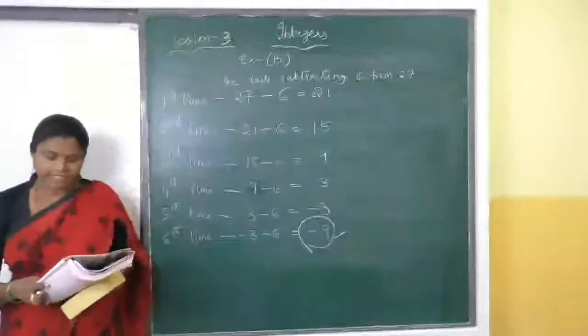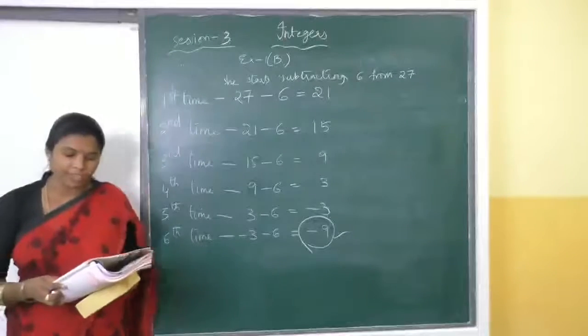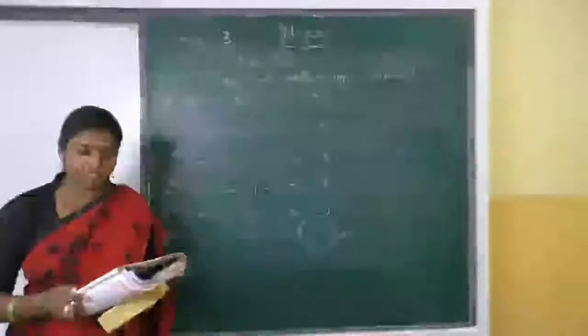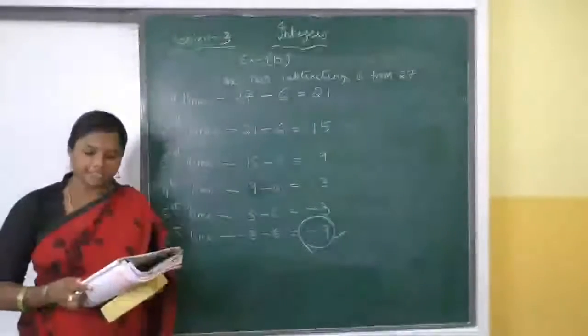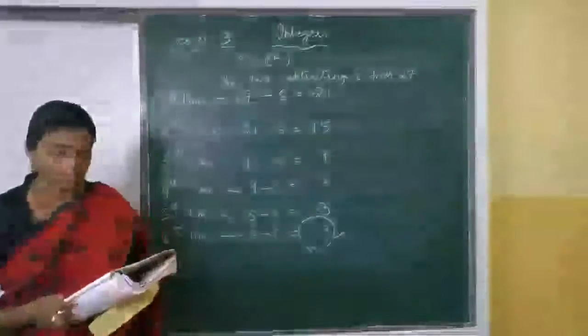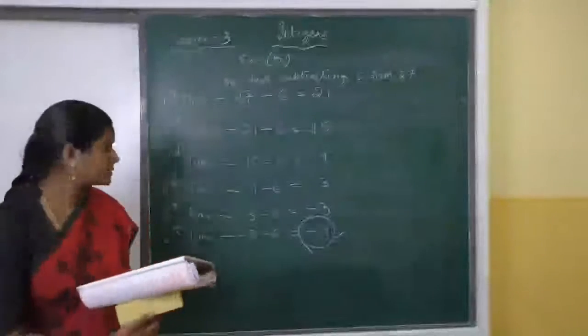Next, in the chemistry lab, the room temperature is required to be lowered from 80 degrees centigrade at the rate of 5 degrees centigrade every hour. What will be the room temperature after 10 hours?